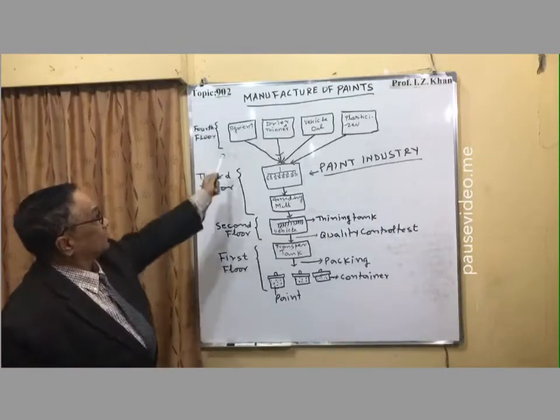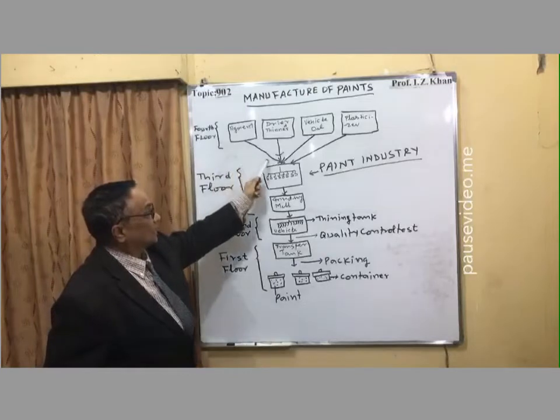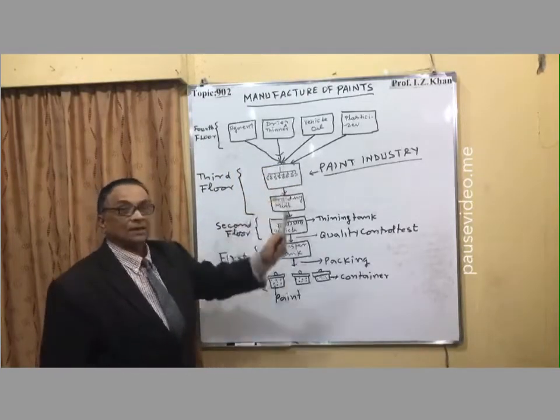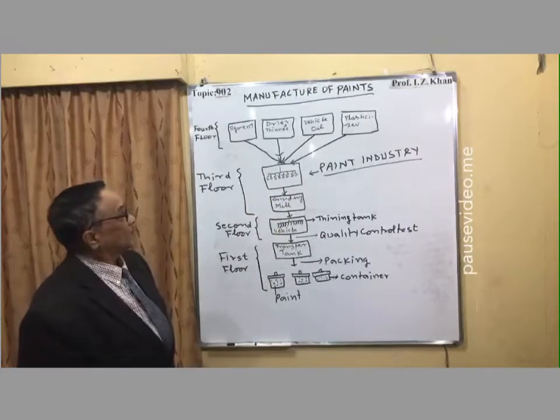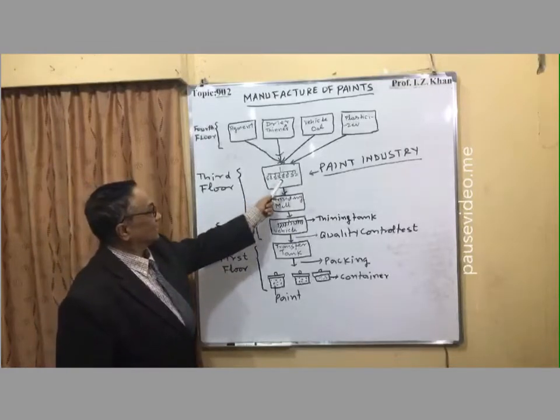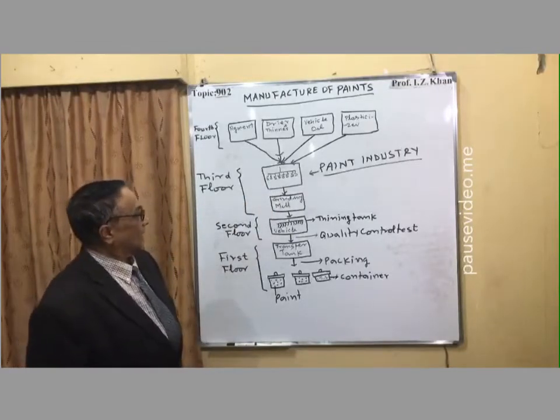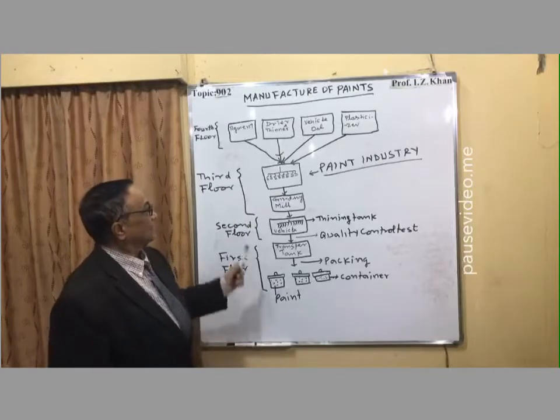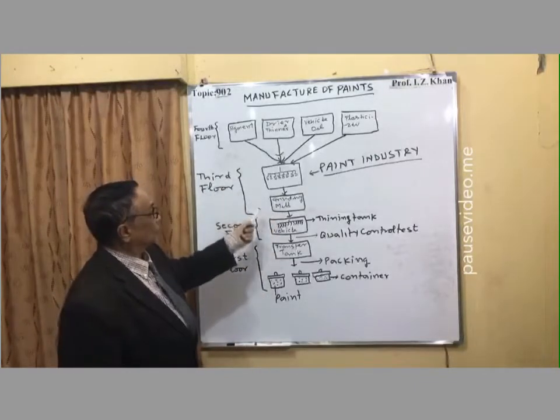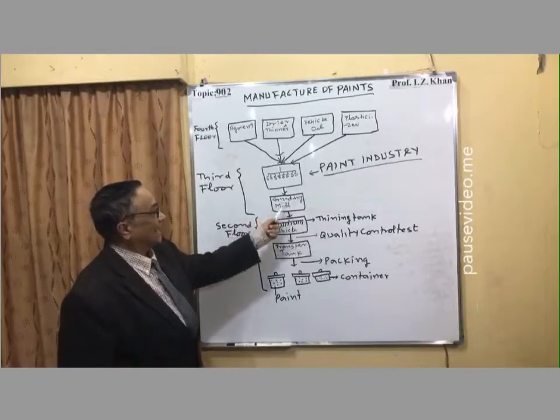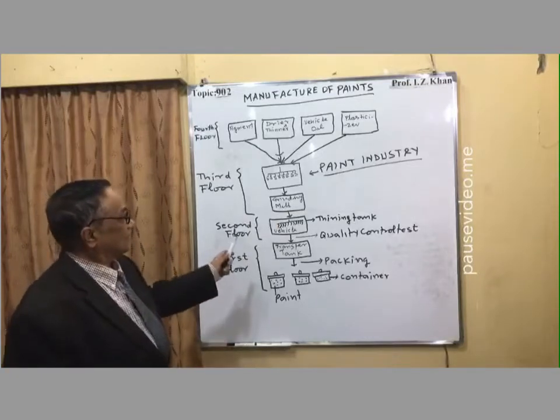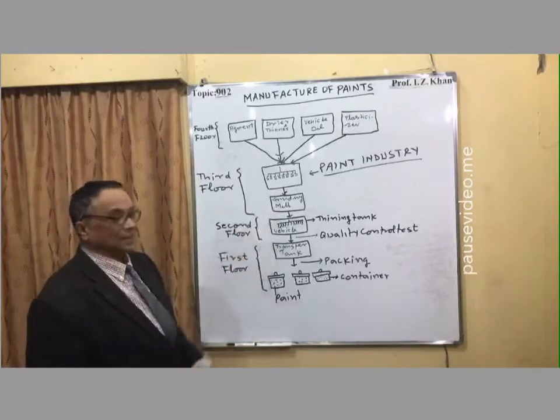Then all these four, I have shown by this arrow, according to our demand and quantity, are mixed in that container here, and then it will come to the next container, on the third floor, where the grinding mill is. In that grinding mill the mixing will take place.